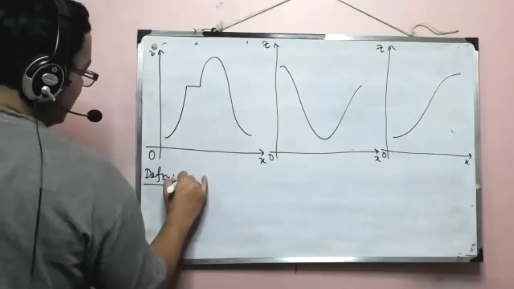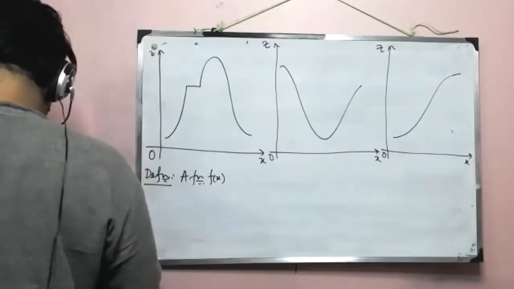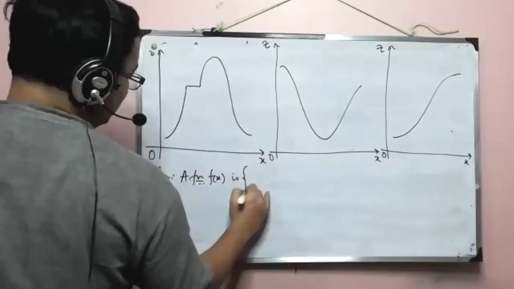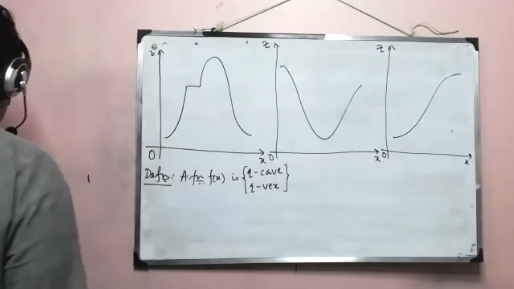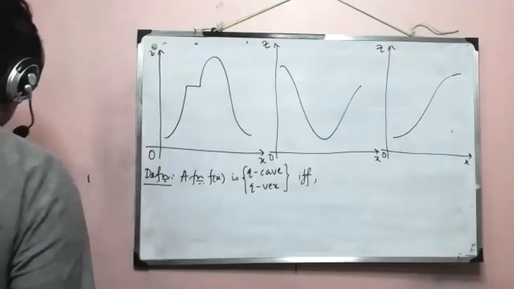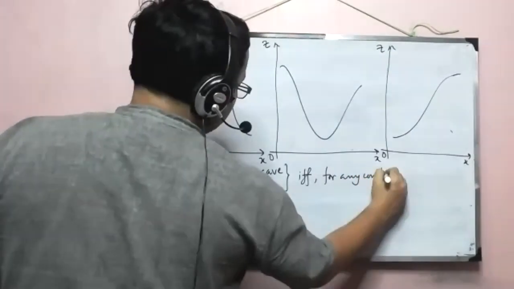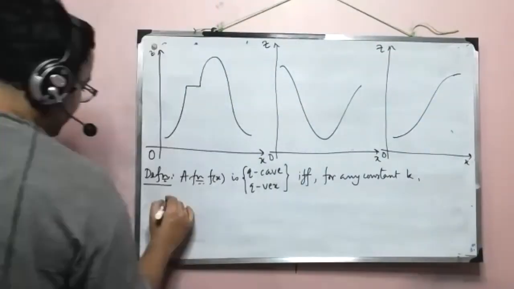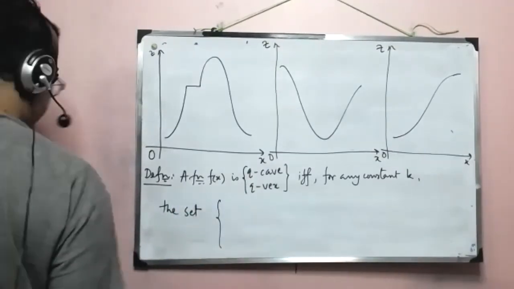So what is the definition? A function f(x), remember x can be a vector also, is quasi-concave or quasi-convex if and only if, which is great as a criterion, for any constant k, the sets are as follows.